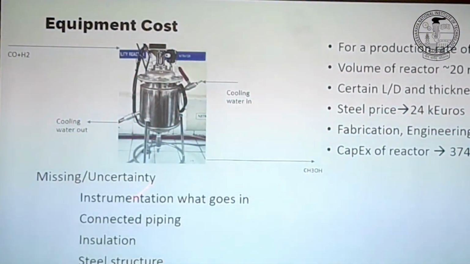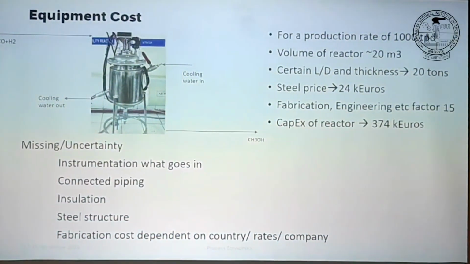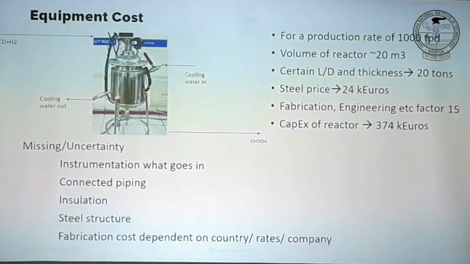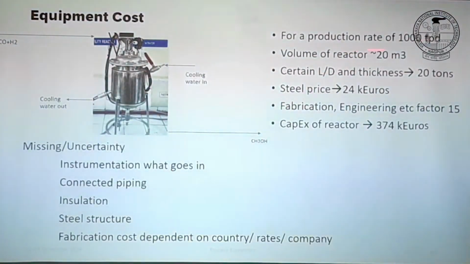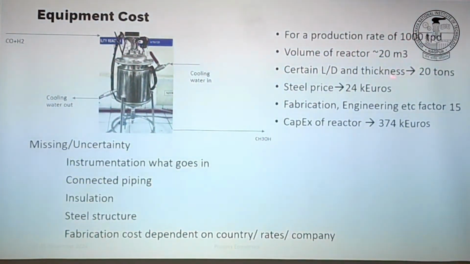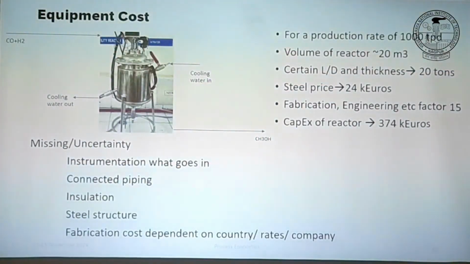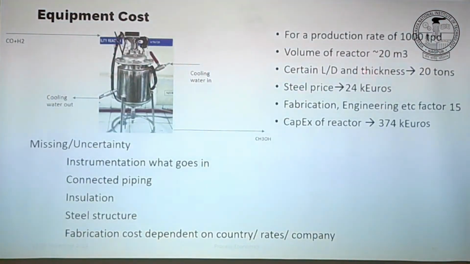So now let's go to the equipment cost. There are different ways of estimating equipment cost. Let's say we set the capacity of methanol production, which is on a basis of 1,000 tons per day, right? And you know the space velocity or the specific volume of reactor required for this production, right? You can calculate back the volume of the reactor.